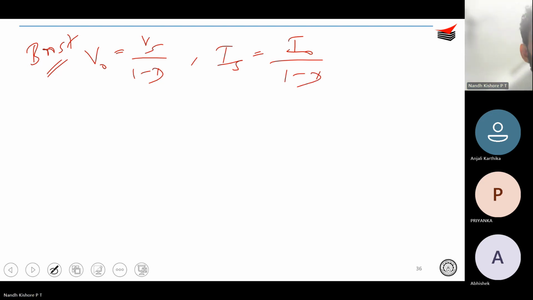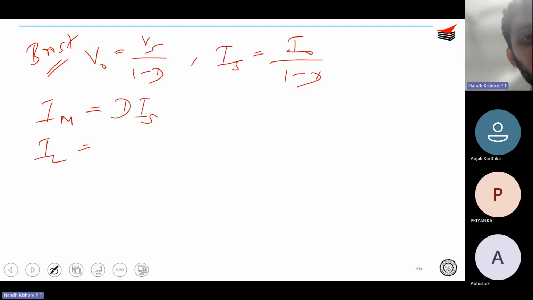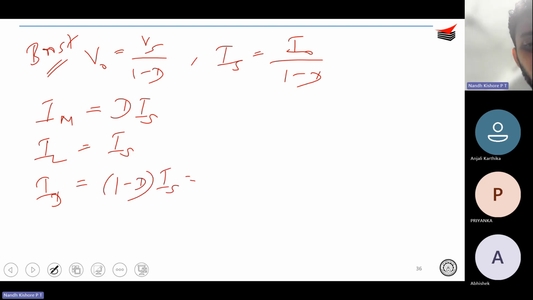And average current through the switch will be D times Is. Average current through the inductor: the inductor is now on the input side, right? Therefore, average current through the inductor is the source current. Average current through the diode will be 1 minus D times Is, correct? Or I naught. Okay.